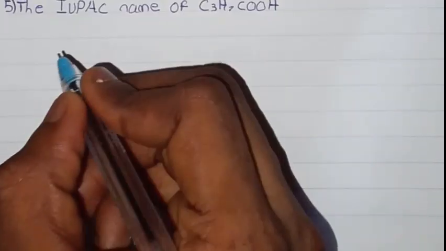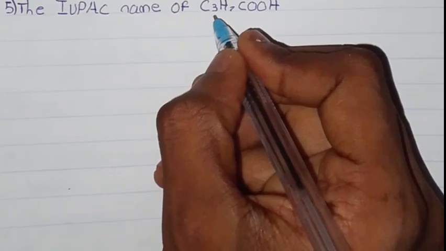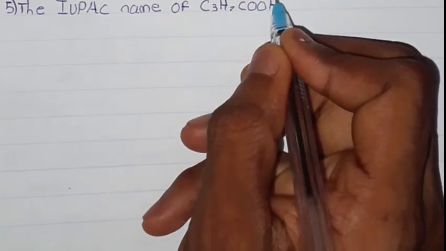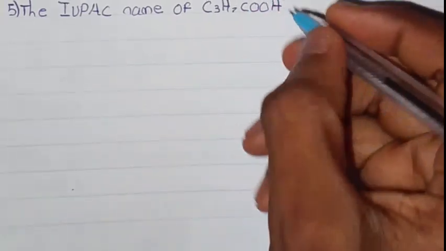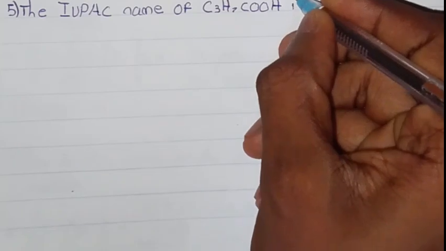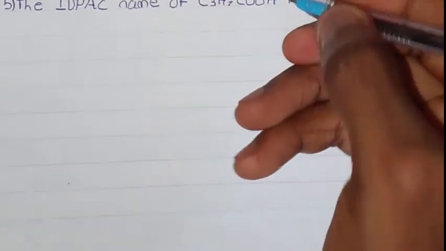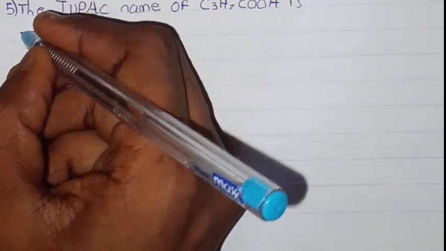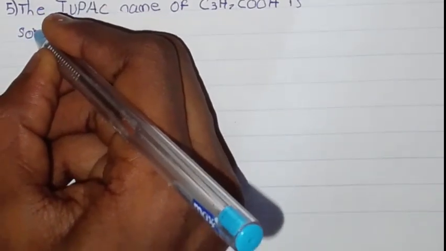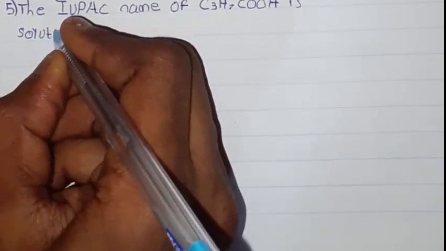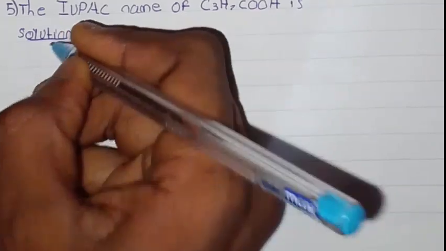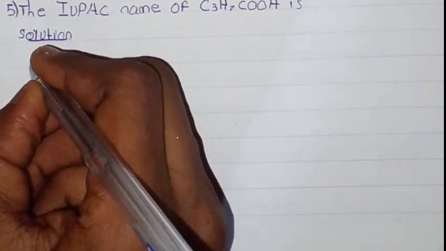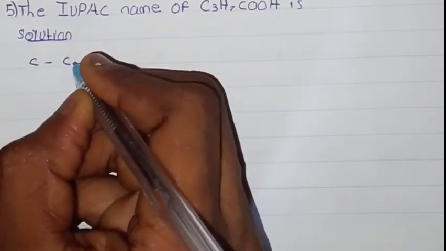5. The IUPAC name of C3H7COOH is dash. Alright, now as we did before, let's write out the full structure representation of this, right? We're going to do that. So let's go to the solution. So we have 3 carbon attached to each other, right? We have carbon.